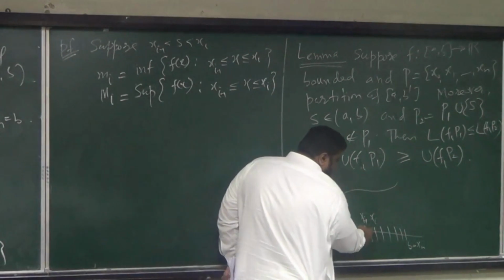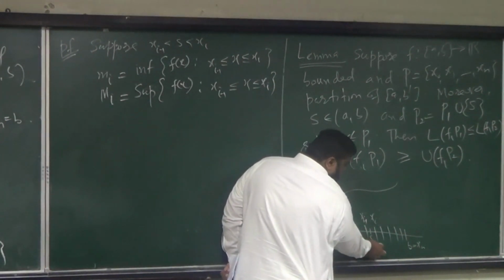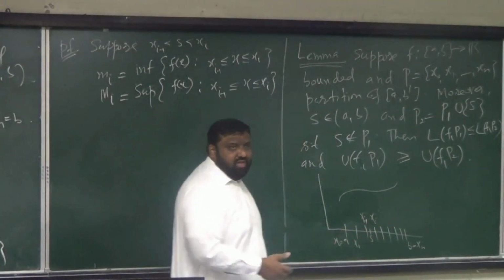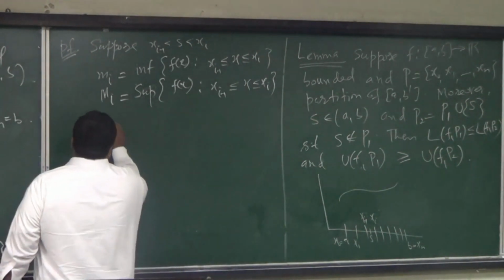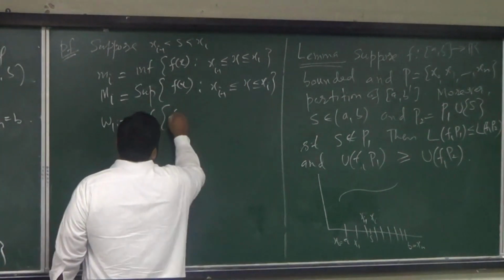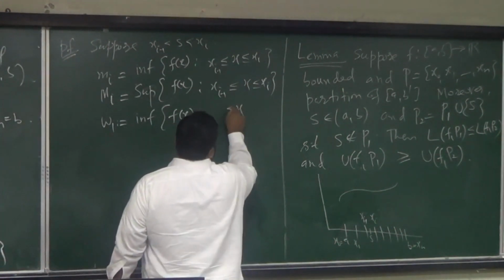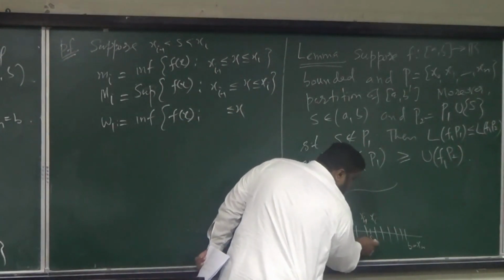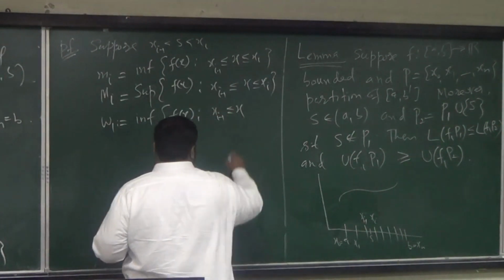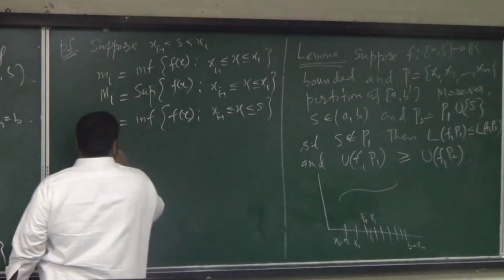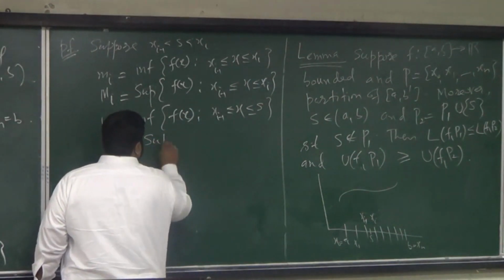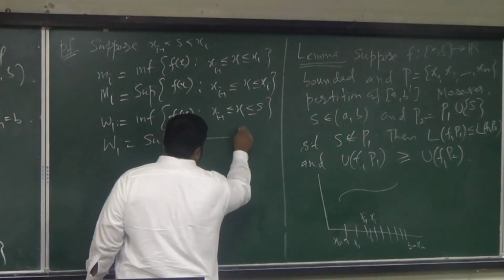But now, since I have this point between them, I have now two subintervals. Each of these two subintervals is going to have a supremum and infimum. So let's give them names. I'm giving the name small w1 as the infimum of f of x, where x is between x i minus 1 and S. Similarly, capital W1 as the supremum of the same.